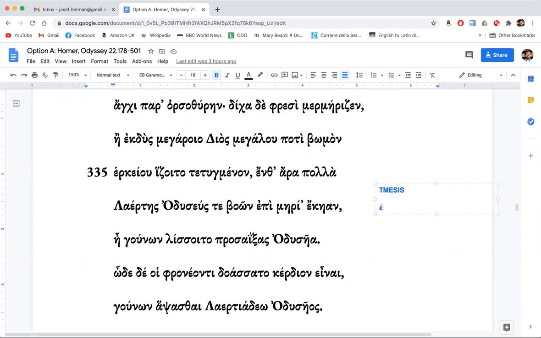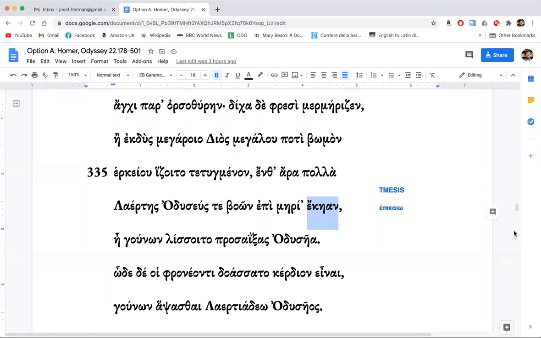So what Homer has done is he's taken the verb epikaio, which is to burn, the same as kaio, but he's separated the epi and the kaio. The epi is over here, and the kaio bit is over here. He separated the two, but really the meaning functions as if these were just one word. So where you see epi and then ekean, really that's just like ekean.